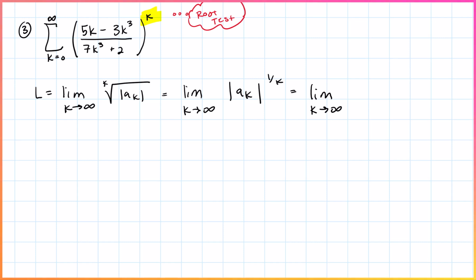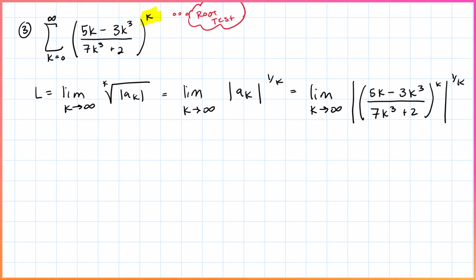Limit as k is approaching infinity, we're going to take the absolute value of (5k minus 3k cubed) all over (7k cubed plus 2) to the kth power in absolute value, and we're raising that to the 1 over k. We're taking the kth root.